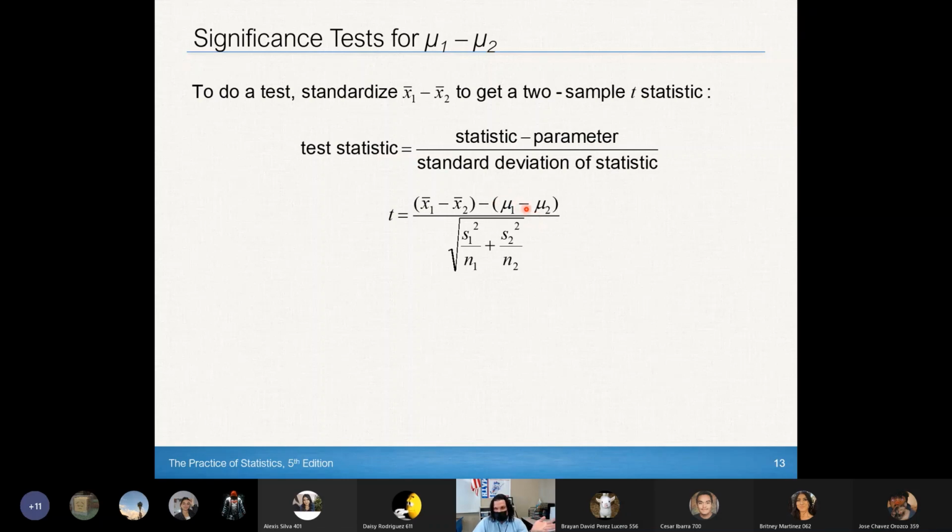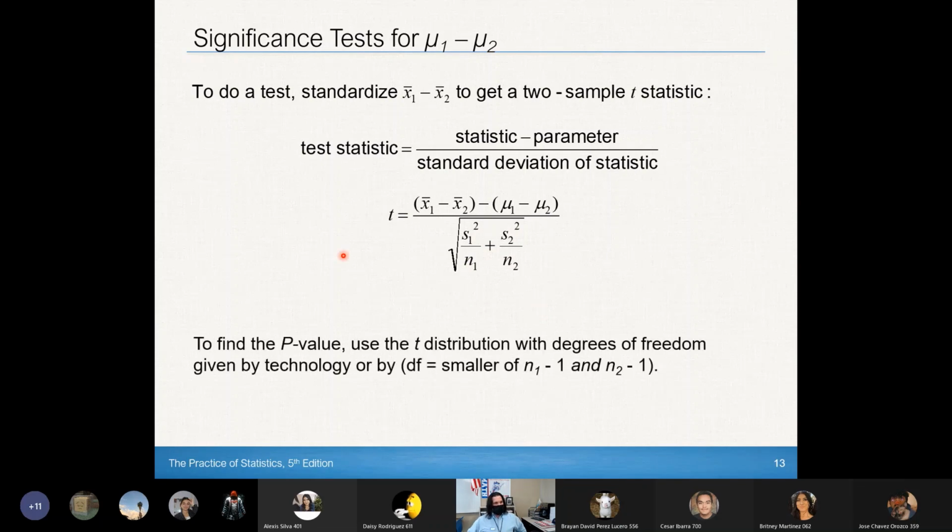But again, if we're assuming that this is 0 or that they're the same, then this value just turns to 0. Divided by the standard deviation of the statistic, which is the square root, again, of all this: the variance of sample 1 divided by n1 plus the variance of sample 2 divided by n2.